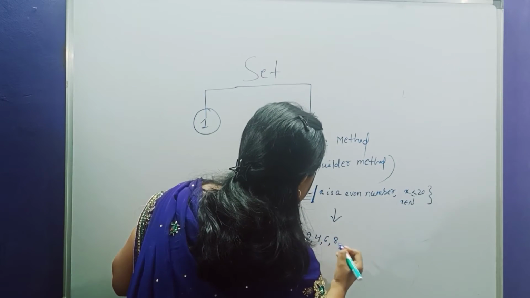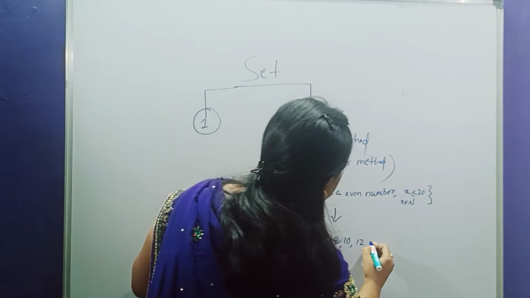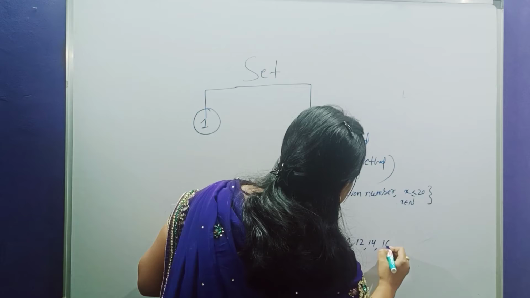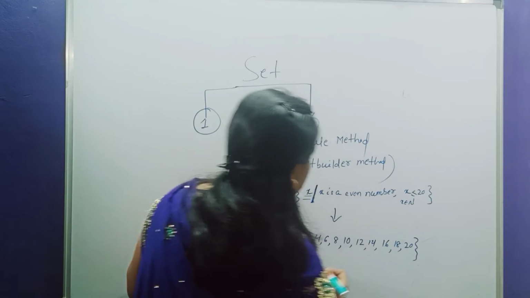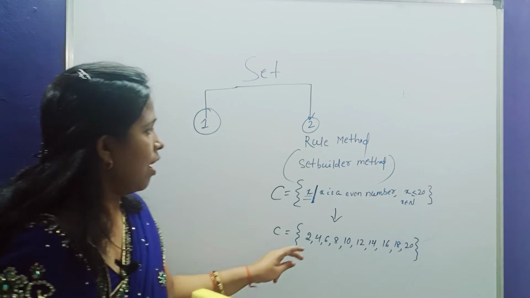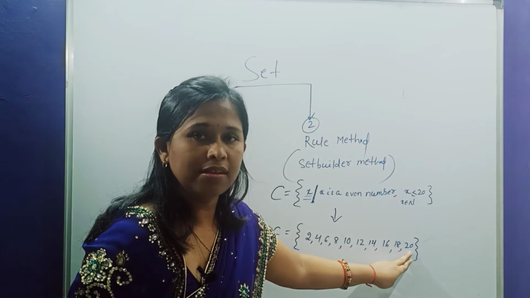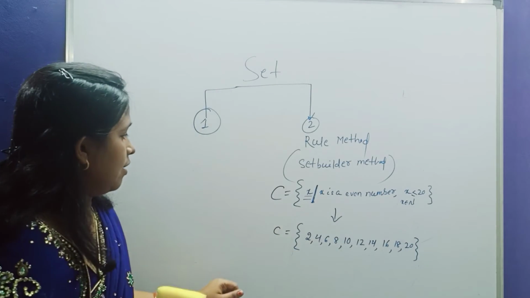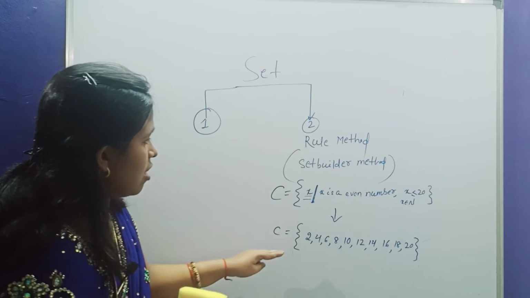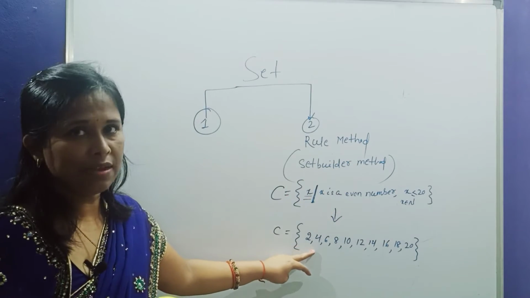Tell me. 8, 10, 12, 14, 16, 18, 20. In this way. So as x less than equal to 20, we can take the even numbers till 20. So this is the conversion from your set builder method to listing method.